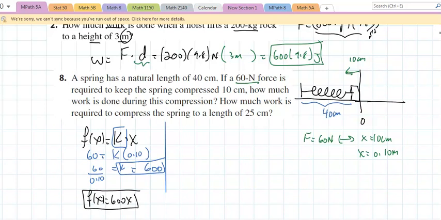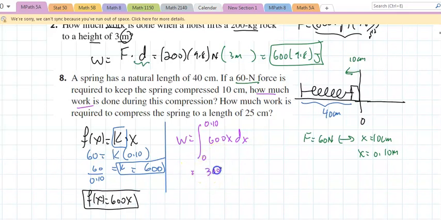If I look at what they're asking me to do, they're asking for how much work is done by this compression. Well, let's see. The work done by this compression is the integral from 0 to 0.10 of 600x dx. There it is. Once you get the force, you're set.